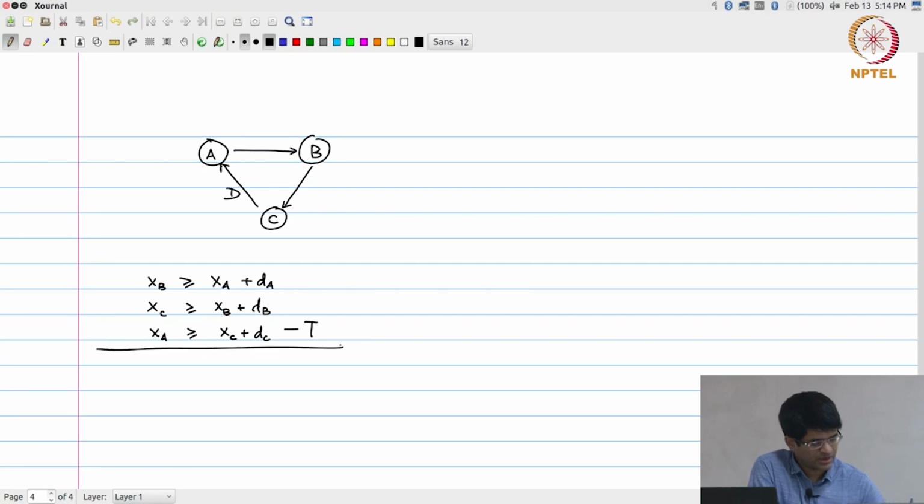If I now once again add and cancel out the xa, xb, xc, what I will get is 0 greater than or equal to dA plus dB plus dC minus t, or in other words t is greater than or equal to dA plus dB plus dC.